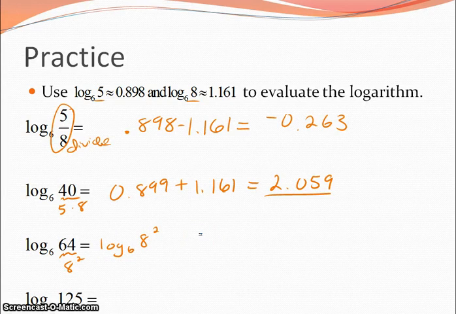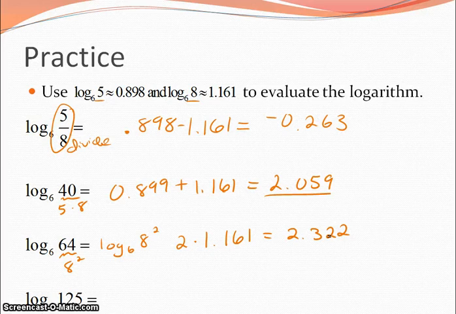Sometimes we won't use both of the numbers and just one of them in some sort of power or other manipulation of just that one number. So that means we're going to take 2 times our log base 6 of 8. So 2 times 1.161 gets us 2.322, and again, that's our answer.